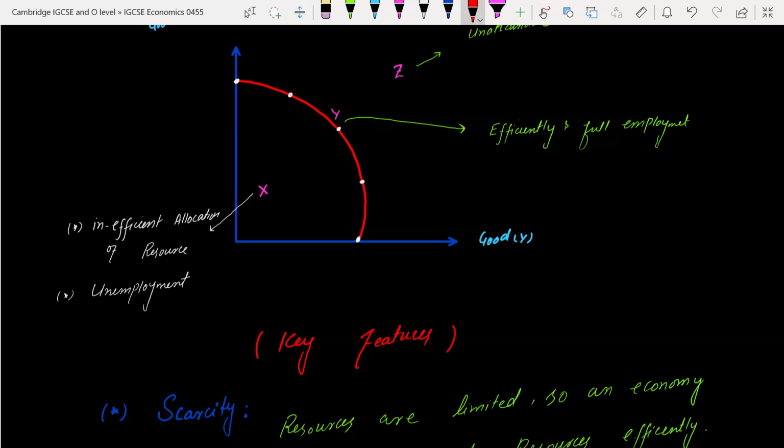But the point which is inside the PPC curve, this X point, shows that the resources were underutilized, used in an inefficient way, you can say underutilization also.